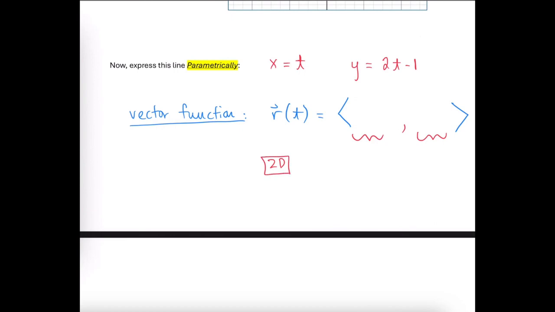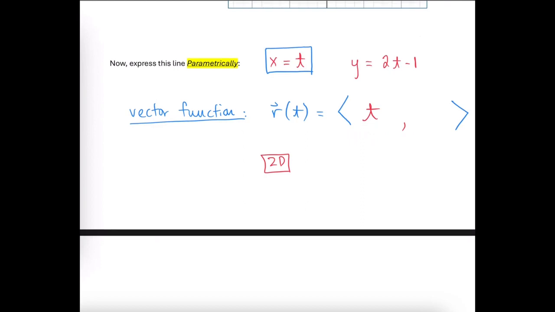The x component of our vector function is going to be, in this case, we're creating a vector function for this two-dimensional line. So the parametric equations that we have chosen to trace out the line are going to be the components of my vector function. So we'll let the x component be this x parametric equation, and we'll let the y component be the y parametric equation, and this is what we're going to call the vector function for that two-dimensional line that we have just graphed.